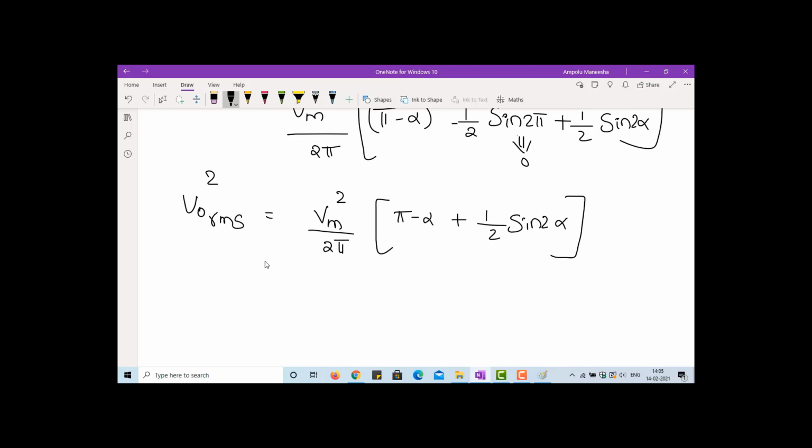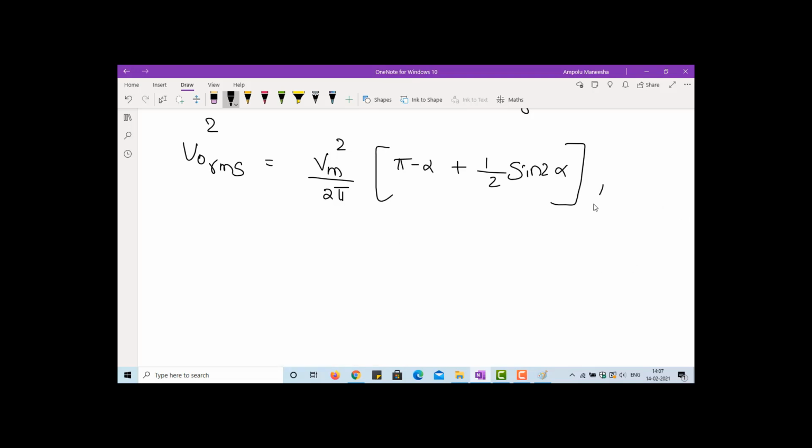To find the minimum value of alpha such that the load consumes maximum power, at some particular alpha. This is the V naught RMS square expression.